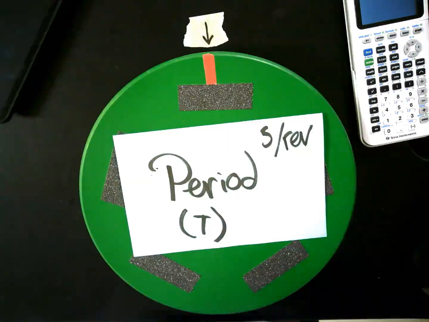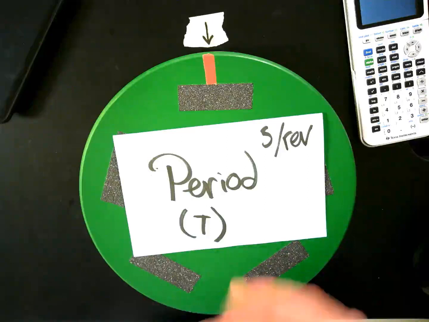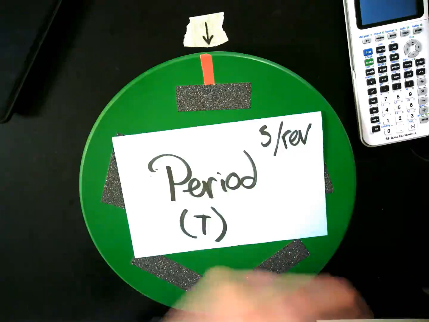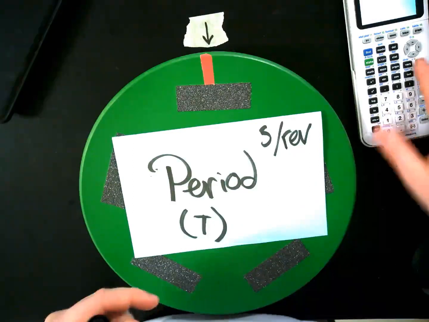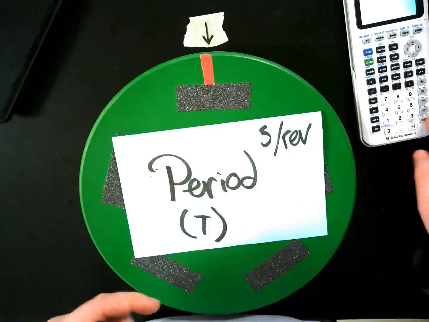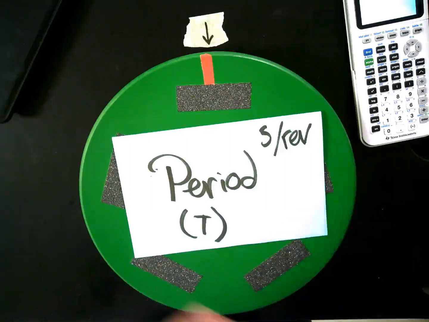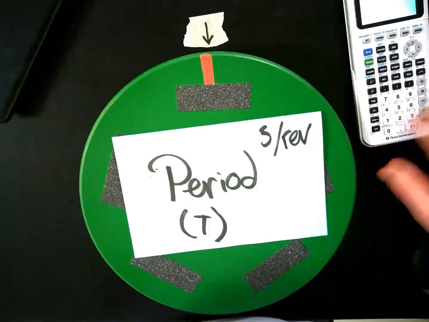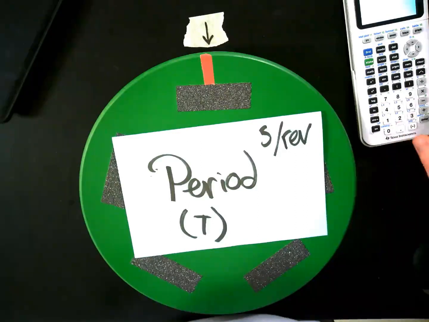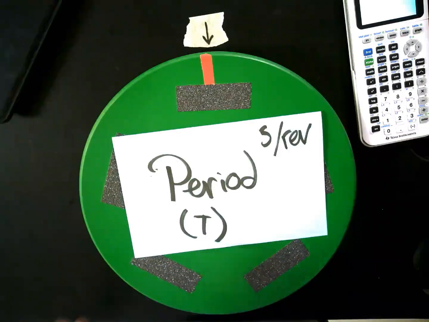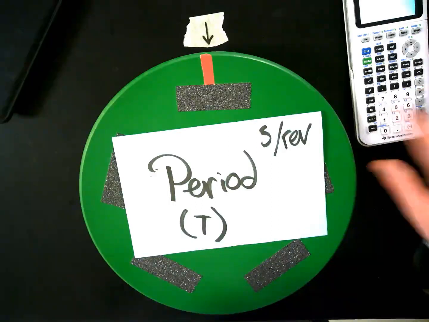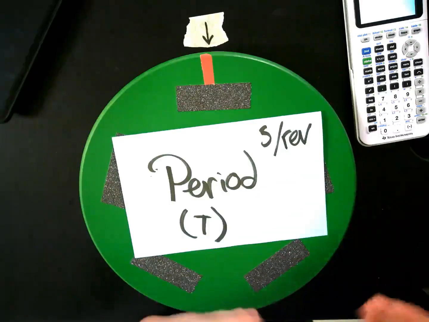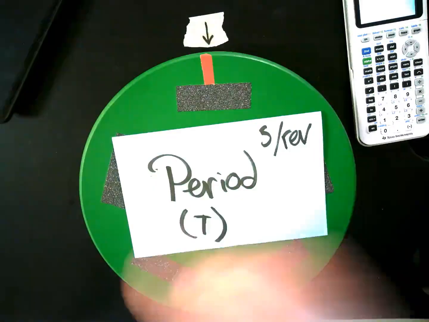In seconds, it would be 3,600 seconds in one hour times 24, so there would be 86,400 seconds in one revolution of the Earth.